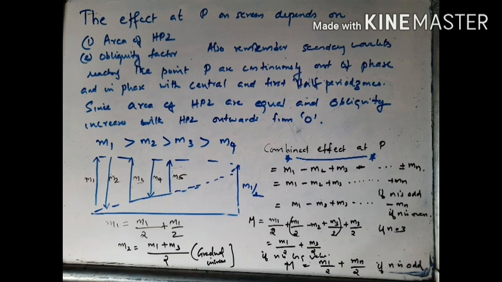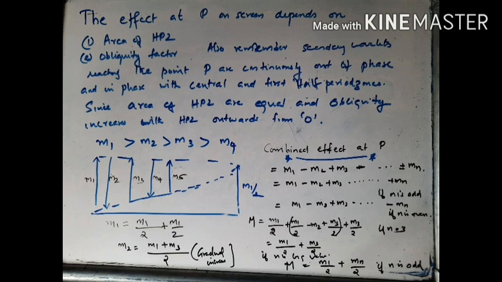The effect at P due to the first half period zone will be bigger. So M1 is greater than M2, which is greater than M3, which is greater than M4. So there is a gradual decrease in effect from the first half period zone to higher half period zones.